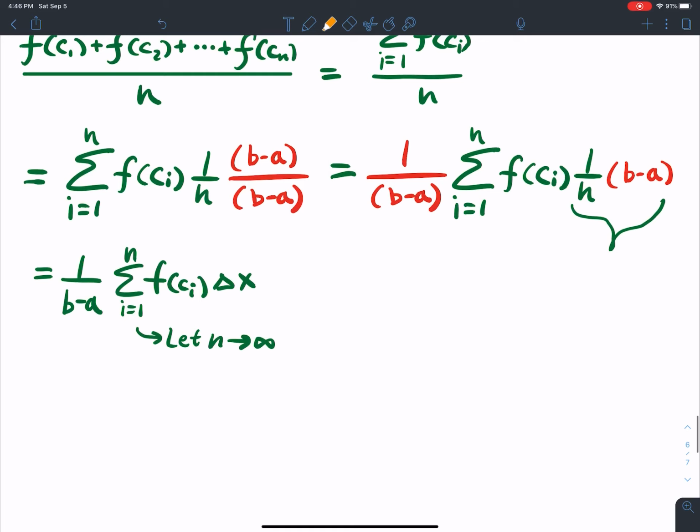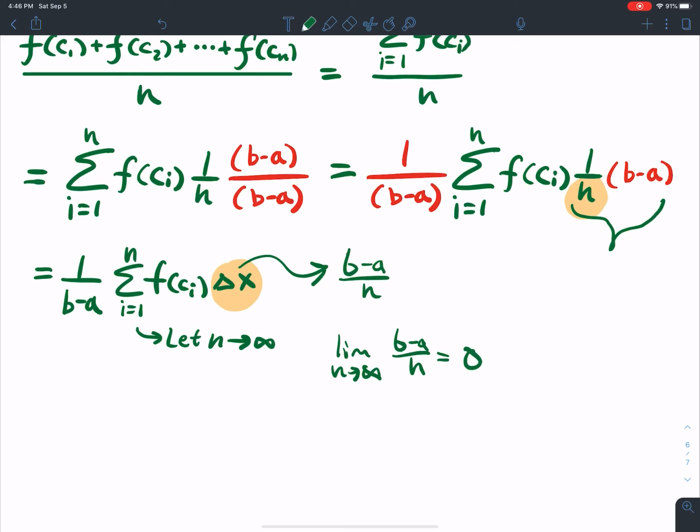Now what I'm going to do is let n go to infinity. So instead of summing up a finite number of rectangles, I'm going to sum up infinitely many rectangles. And as I do that, my delta x, my width, gets smaller and smaller. Remember, delta x is defined to be b minus a over n. So the limit as n goes to infinity of b minus a over n is approaching 0.